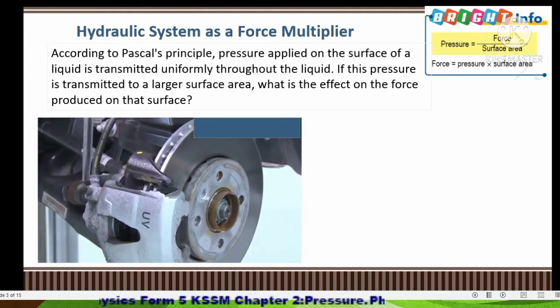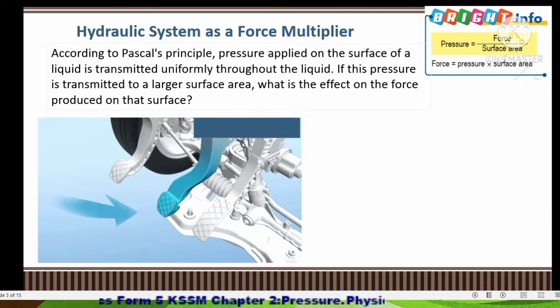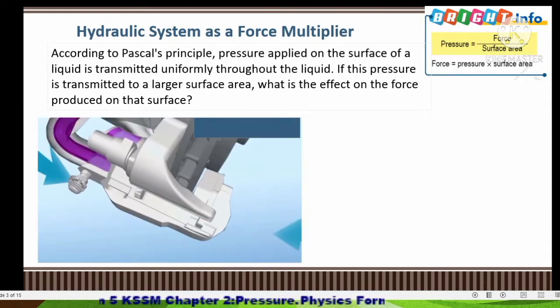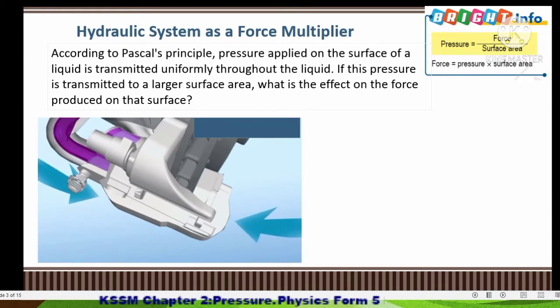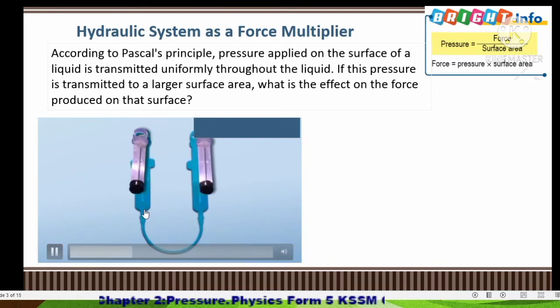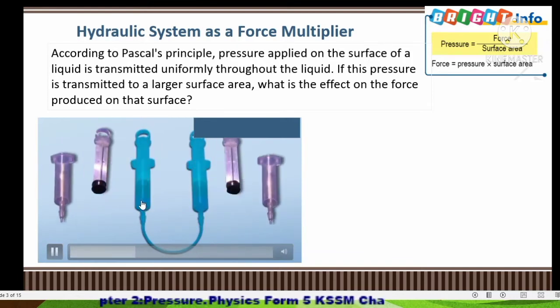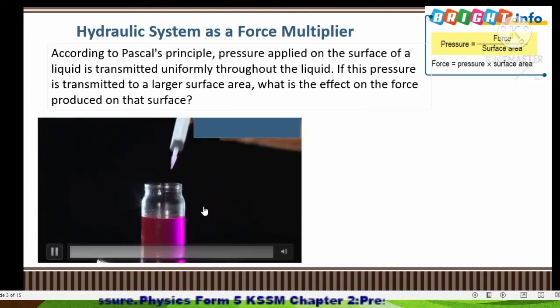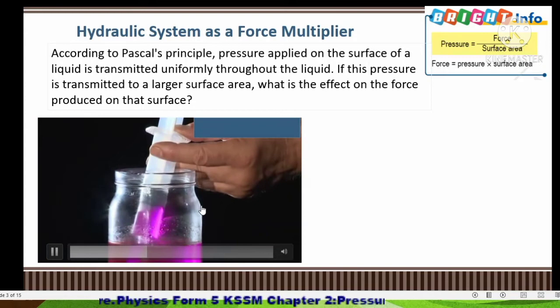The vehicle brake system uses a hydraulic system, meaning the force that presses on the brake pedal will be transmitted. This one is based on the hydraulic system that consists of pistons, cylinders, and of course a special liquid inside which is incompressible.